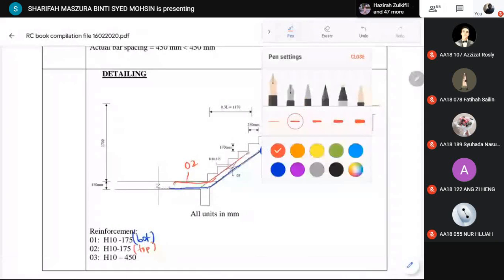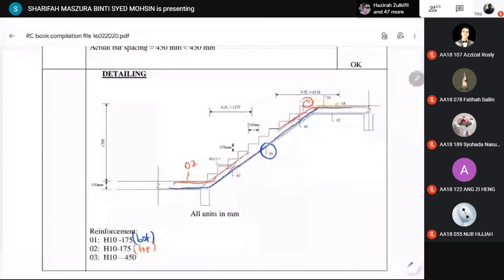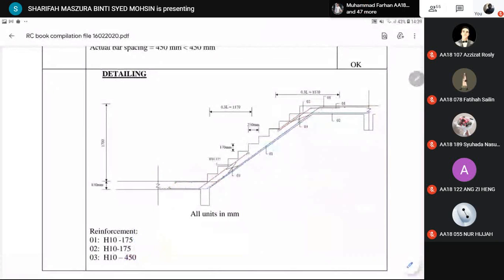And then we have secondary bar 400. This is secondary bar, okay. So secondary bar is the one that you draw crossing this reinforcement. Like slab design, we still have to provide something like this for our main reinforcement.